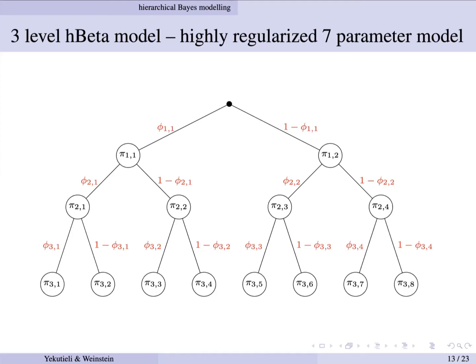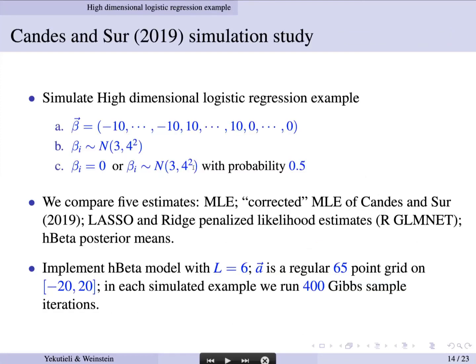Clear. Okay, so this is what the simulation study looks like. What we do is exactly the simulation study by Candes and Sur, okay? They simulated high-dimensional logistic regression, and they have 3 exact configurations of beta. In the first configuration, we had 100 minus 10s, 100 plus 10s, and then 600 zeros.